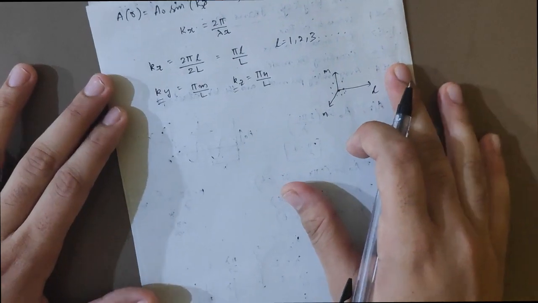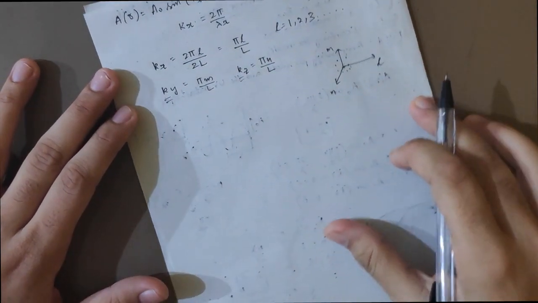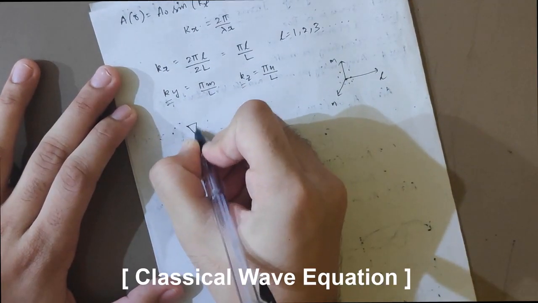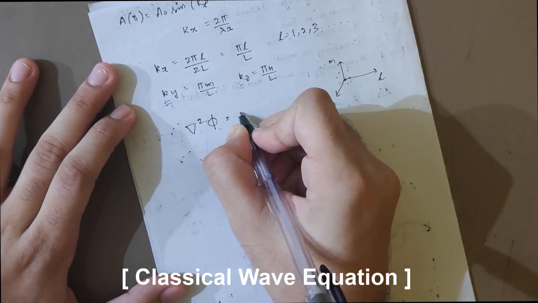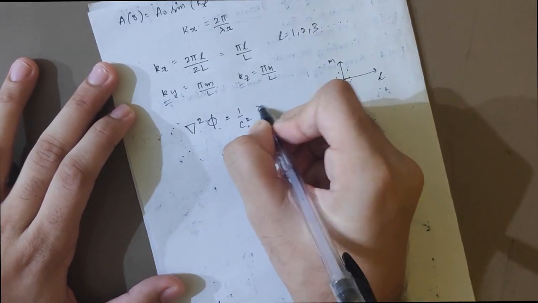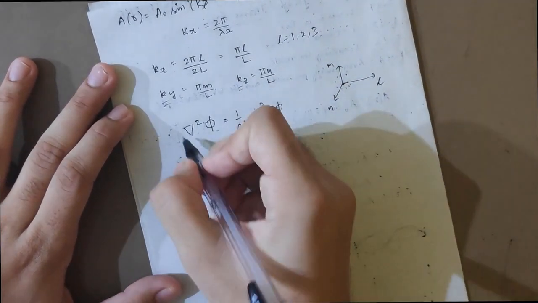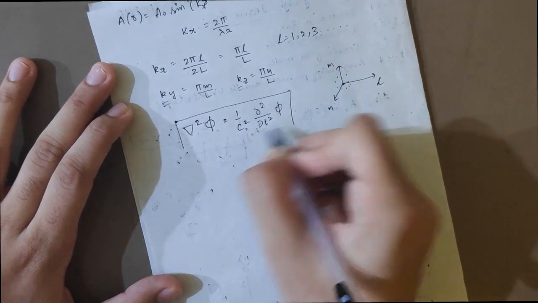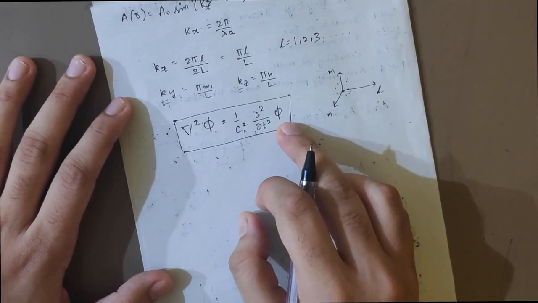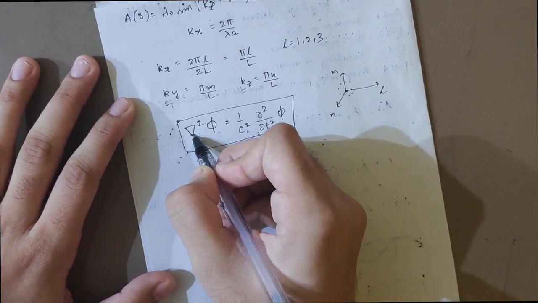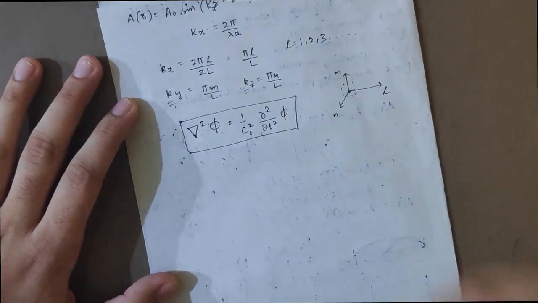One important thing we can do is see if this gives us something new with the equation of a wave. Assuming that everybody knows, the equation of a wave is this: 1 by c squared dou squared by dou t squared of phi. Now, if phi is any function of time t and space, then phi can satisfy a wave equation, where this is the Laplacian of phi and c is the wave velocity.